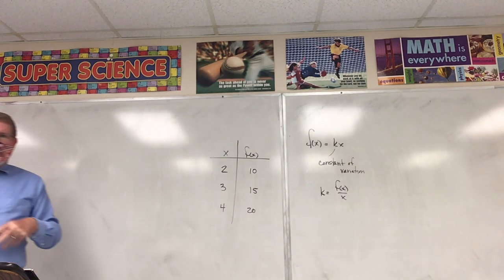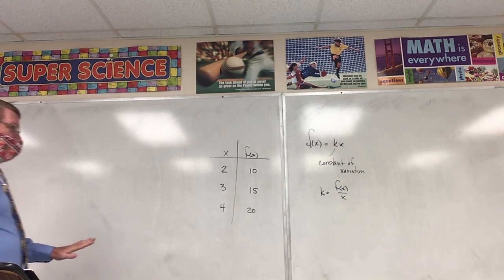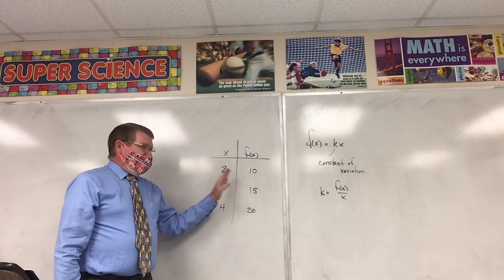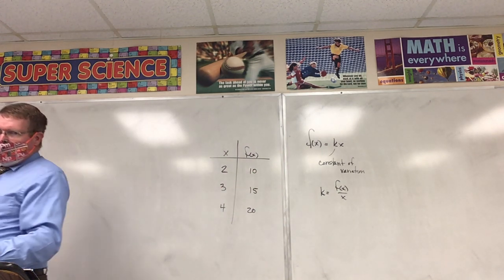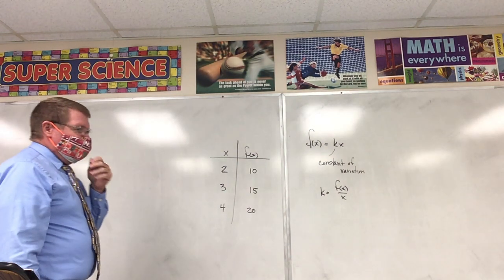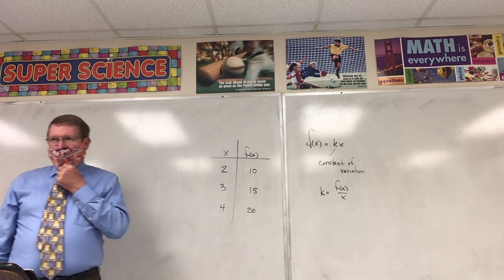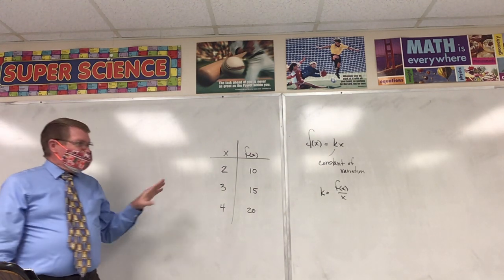I can always tell if I have a direct variation function by taking my output, dividing by my input, and if every one of those division problems gets me the same answer, then I have a direct variation function. If any one of them does not get me the same answer as the rest, then I don't have a direct variation function. So I can always check.